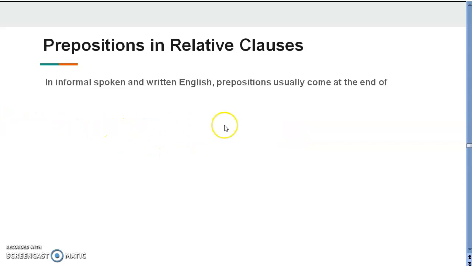In everyday speech or informal spoken or written English, these prepositions come at the end of the relative clause, like in the example. This is the friend who I told you about. Normally, you can think of this as two sentences. This is the friend. I told you about that friend. When we turn it into a relative clause, we have to remember to put the preposition here.